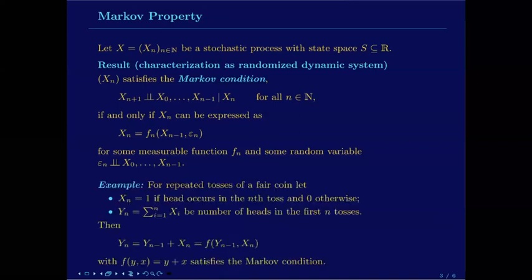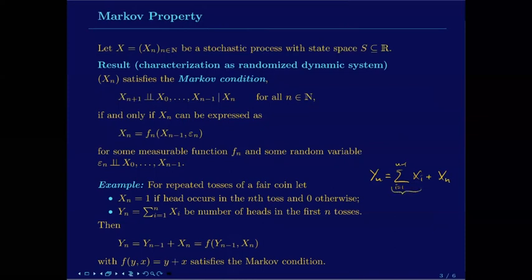As an example, suppose that we're interested in repeated tosses of a fair coin. So Xn equals 1 if a head occurs in the nth toss and 0 otherwise, and Yn is the number of heads in the first n tosses. So we simply add these Xi's and in this way count the number of heads in the n tosses. Because we can rewrite Yn, we can split the sum into the first n-1 items and then plus Xn.